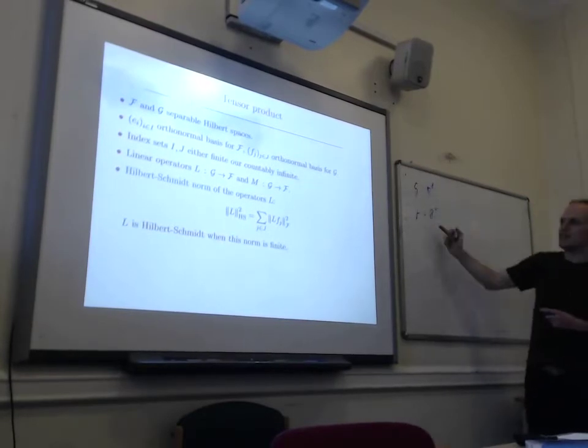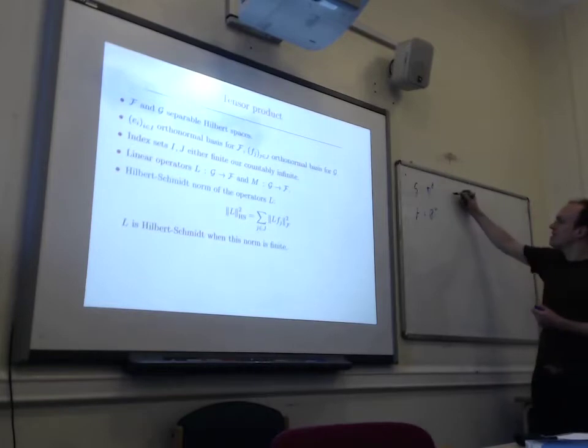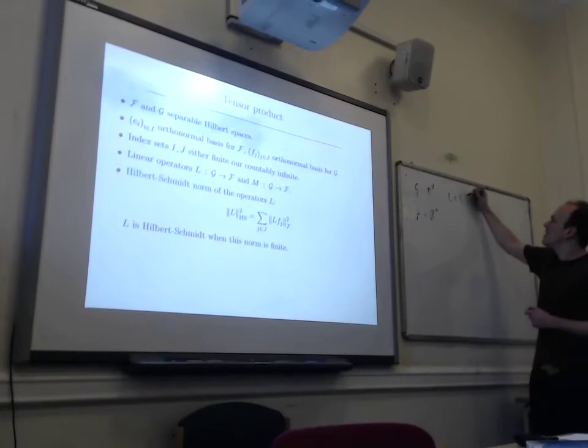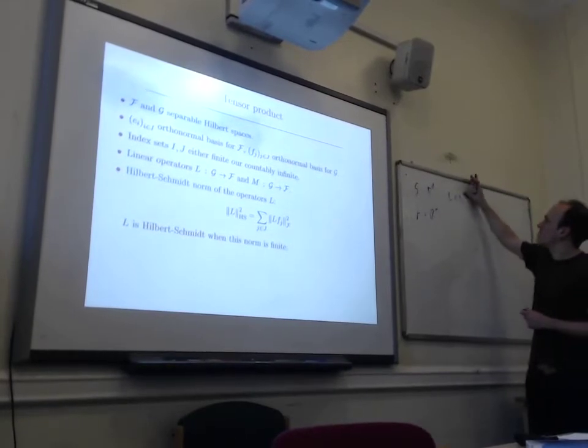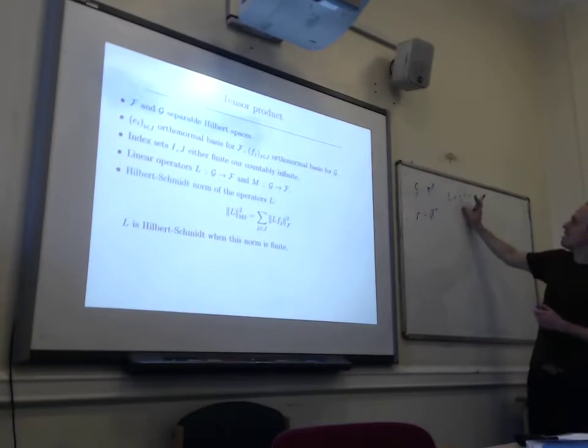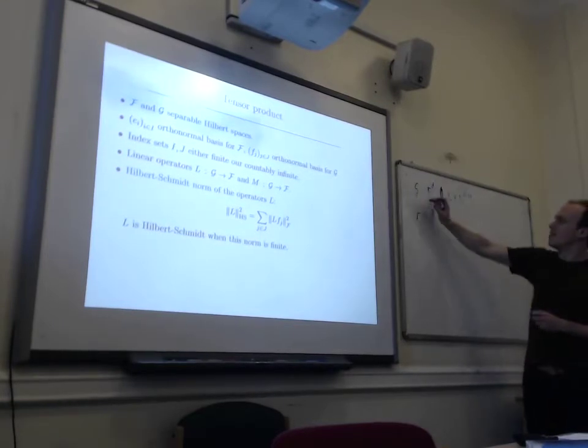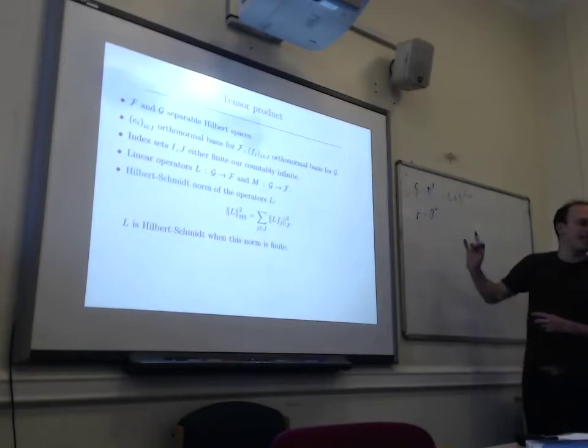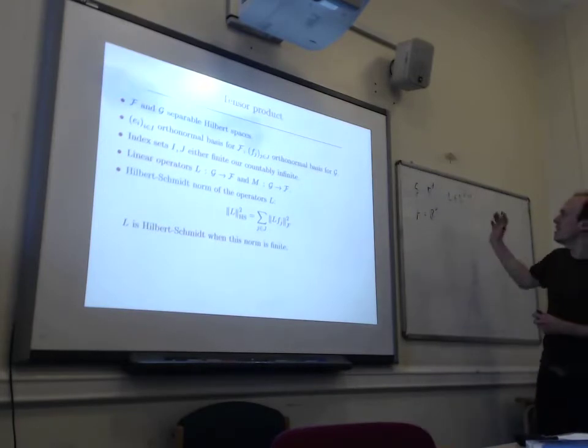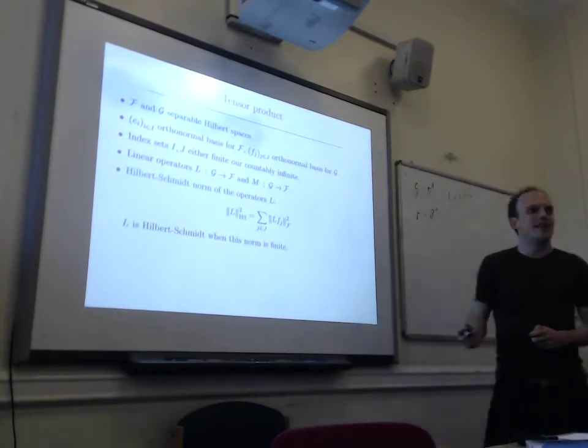These are just two different spaces. Then L is a matrix in the space of H times D, because if you take an H times D matrix and act on a D-dimensional vector, you get an H-dimensional vector out. So this is how you should think of this operator here.